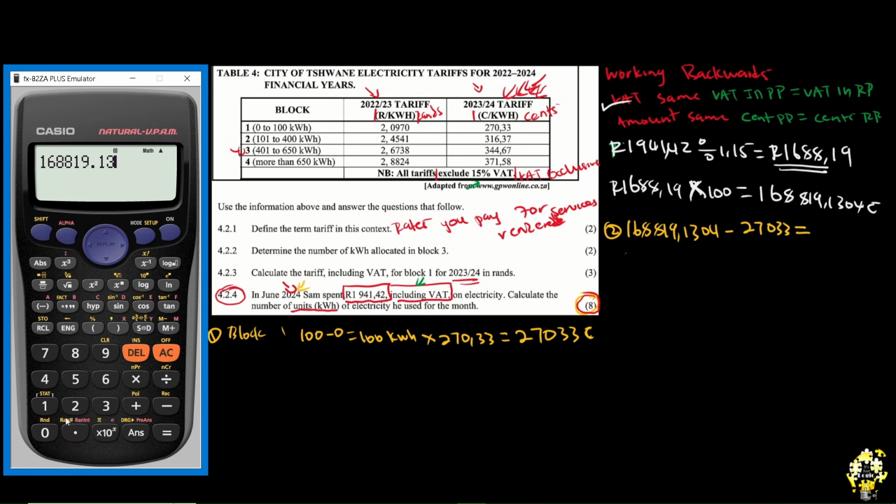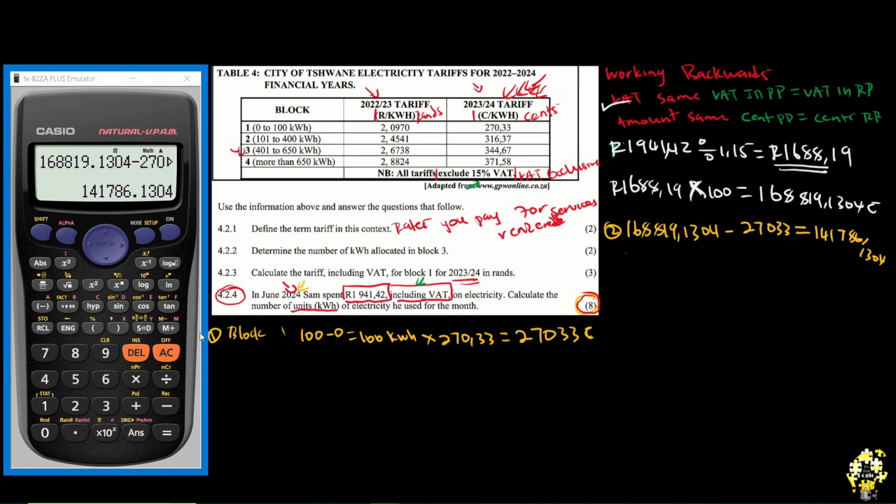When you subtract 27,033, you actually remain with 141,786.1304 cents. Still a long way to go.